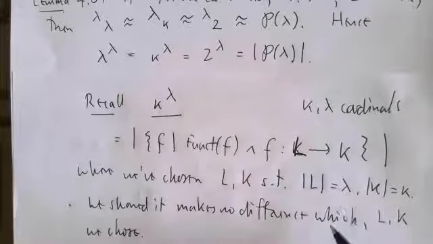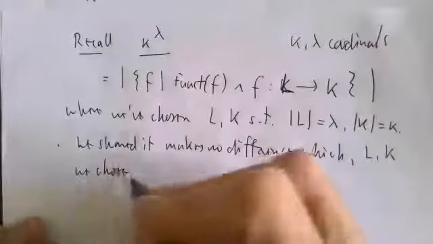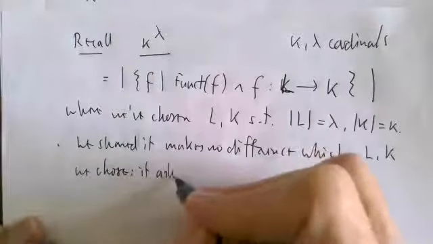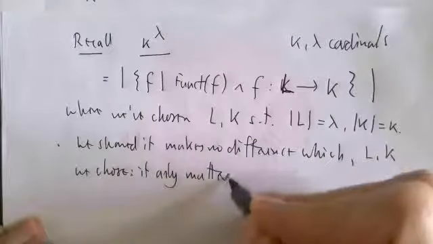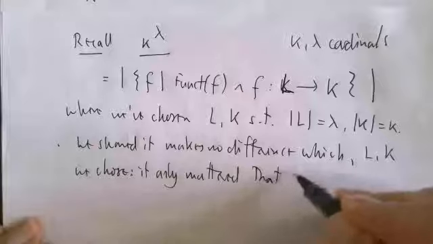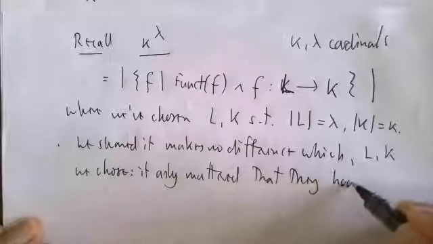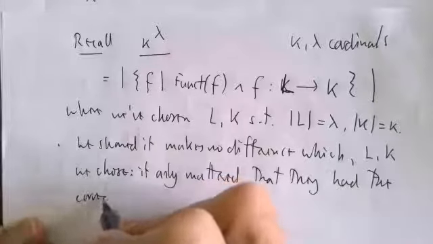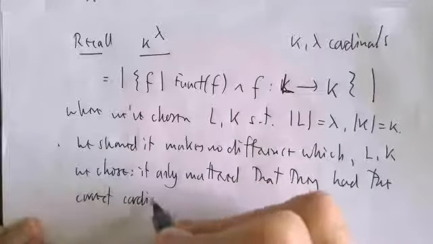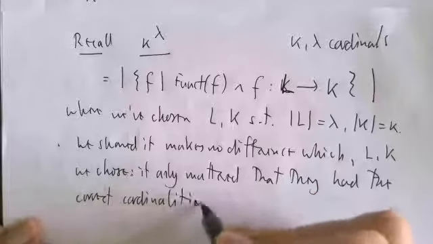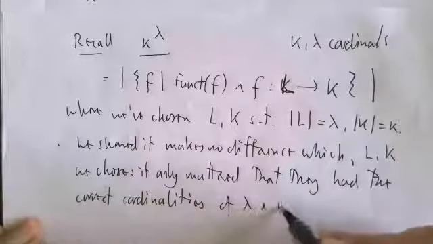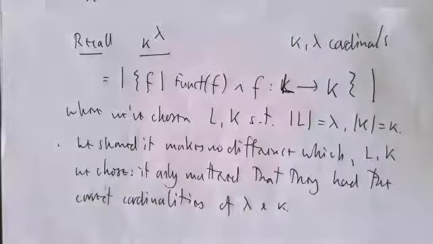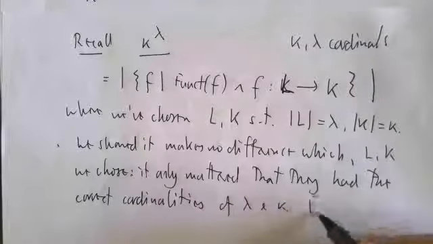All that mattered was they had the right size. So it only mattered that they had the correct cardinalities of lambda and kappa. That was exercise 430.